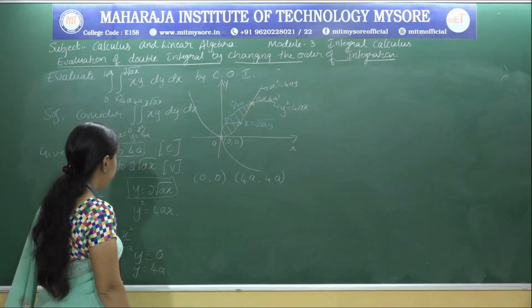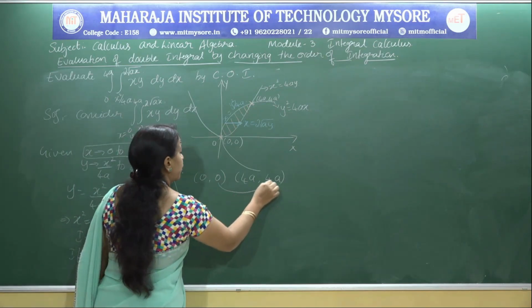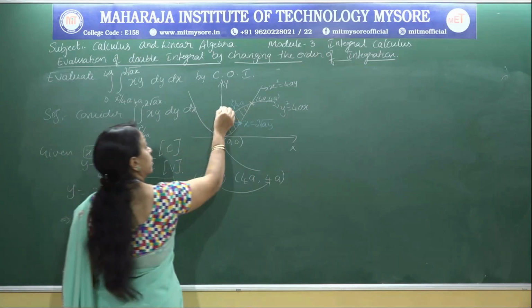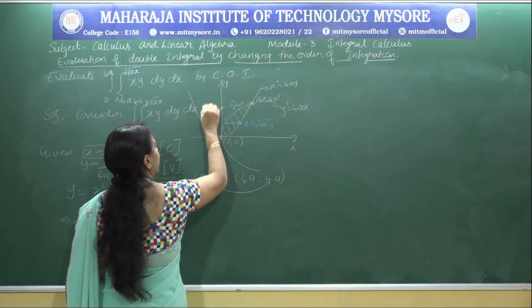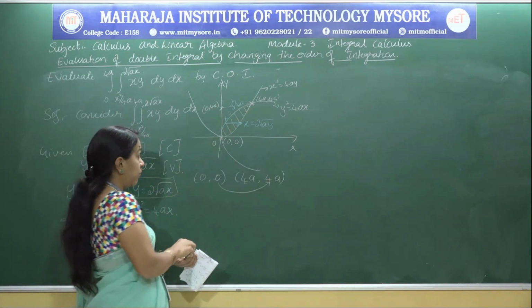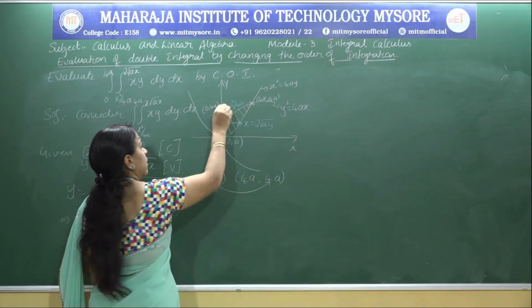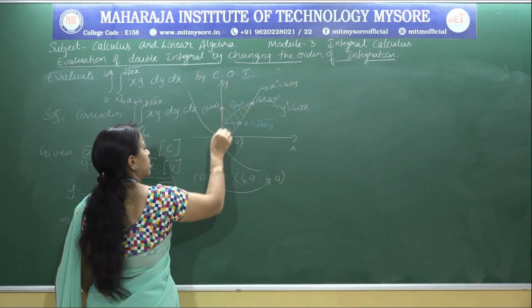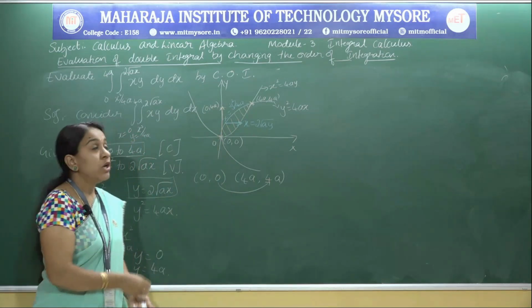So in that, what is our y limit? Y varies from 0 to 4a. So I can consider here also like this. This will be our point (0, 4a). So I can consider from the figure also, that is y varies on the y axis from 0 to 4a.